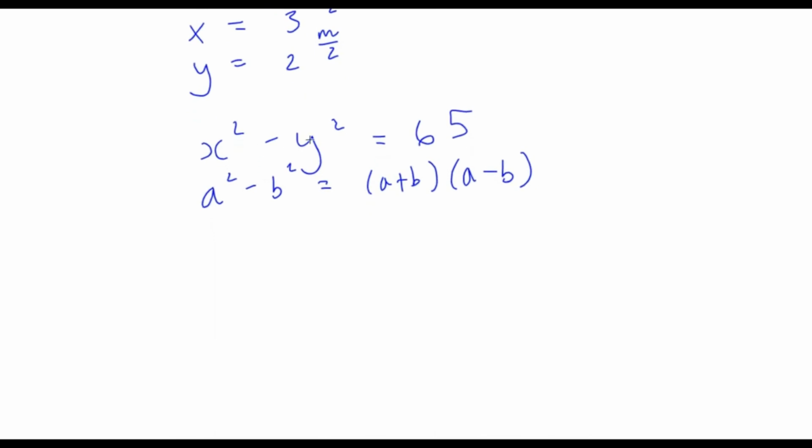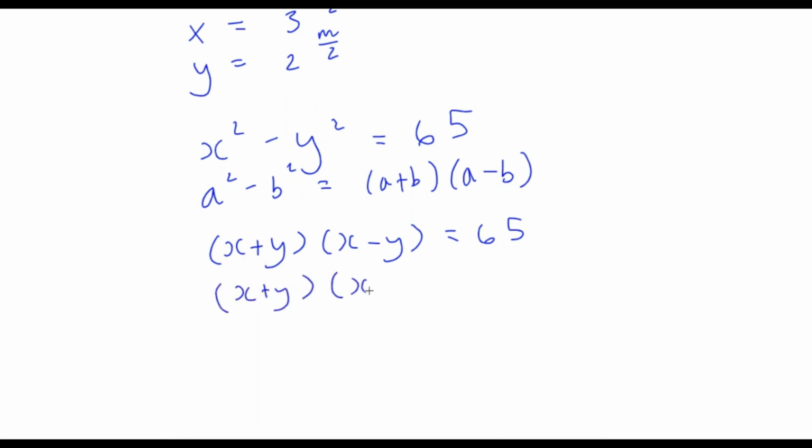So x squared minus y squared is in the same form, meaning x squared minus y squared is the same thing as x plus y times x minus y, and now this is equal to 65. Now 65 is the same thing as 13 times 5. So we have x plus y times x minus y is equal to 13 times 5.